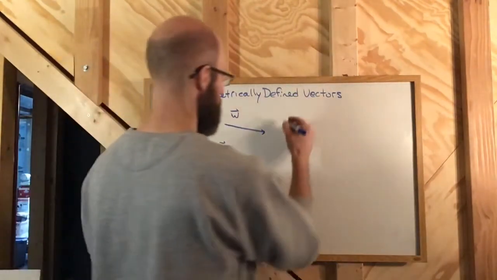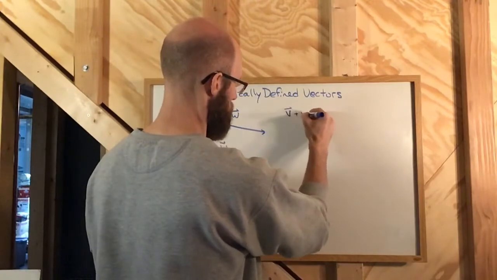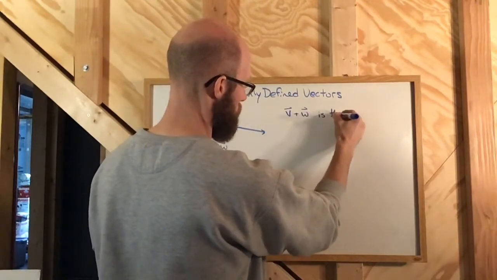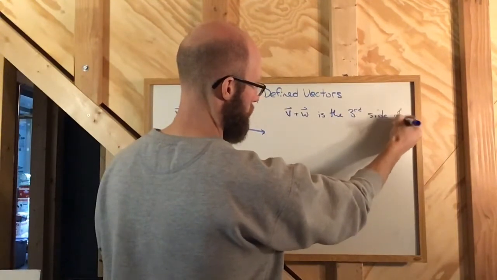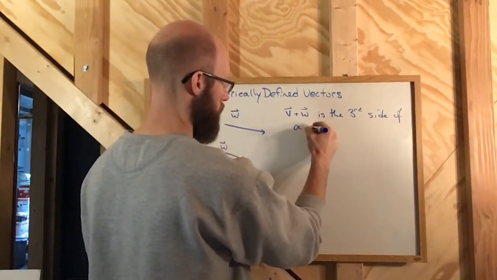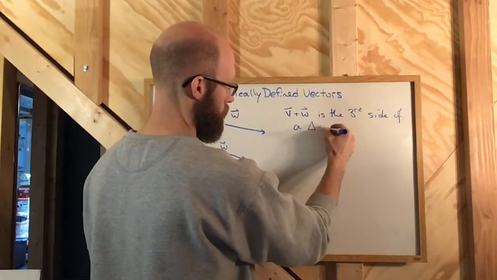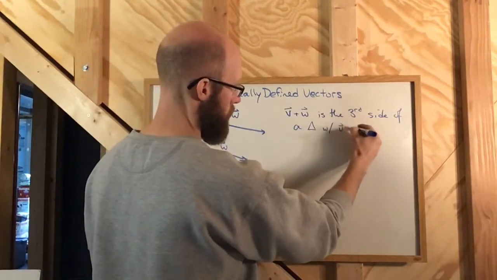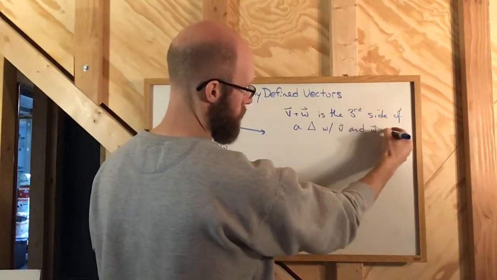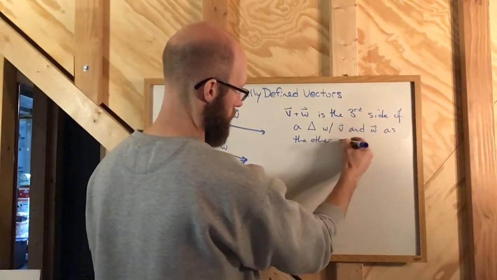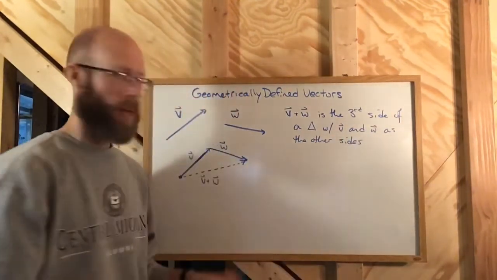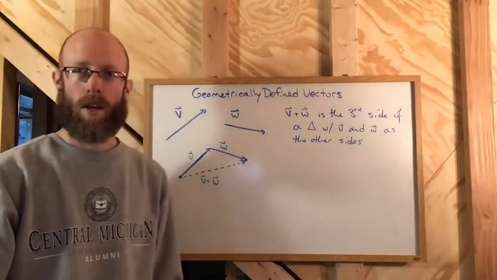So v plus w is the third side of a triangle with v and w as the other sides. Okay, so pretty simple there.